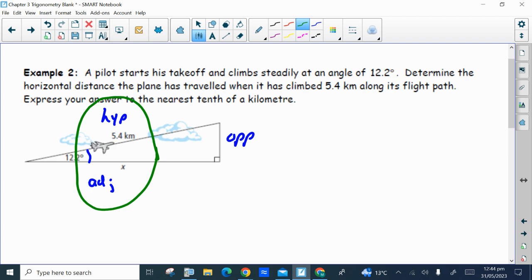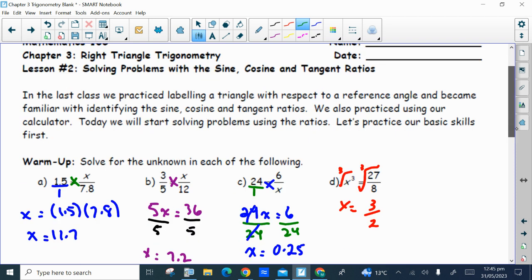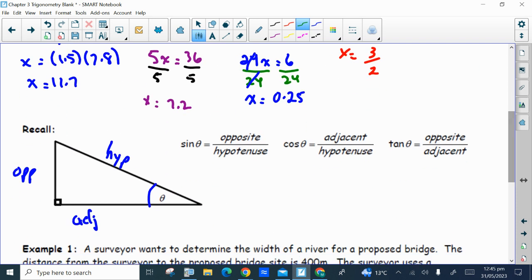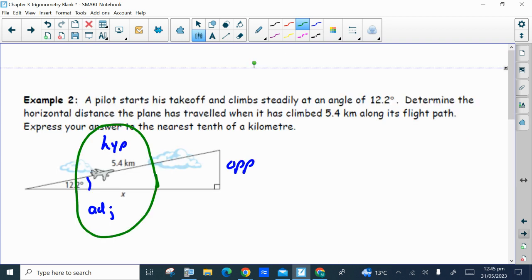So Jensen, what ratio is that? Tan? You better pop on that. Well, let's look back at the previous page. Which uses adjacent and hypotenuse? Cosine. So what else does this tell us?